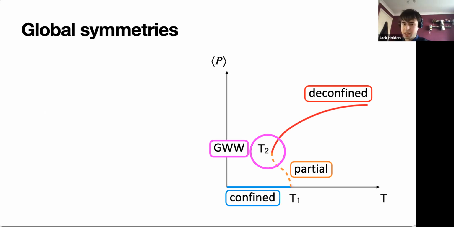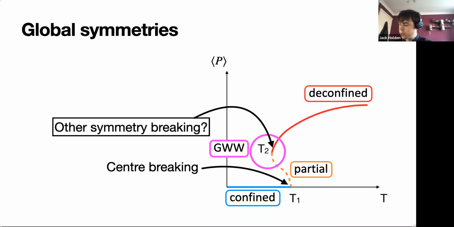But does anything analogous happen for the partial phase? We know that center symmetry breaks here. So our focus will be around what in the large N limit is known as the Gross-Witten-Wadia point, the transition between the partial and deconfined phase. And we want to know whether we can find any other symmetry breaking that occurs just at this point.